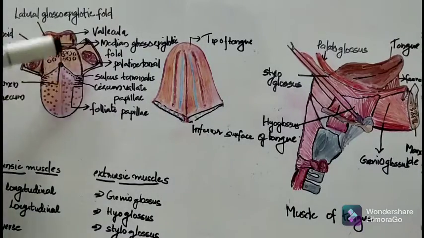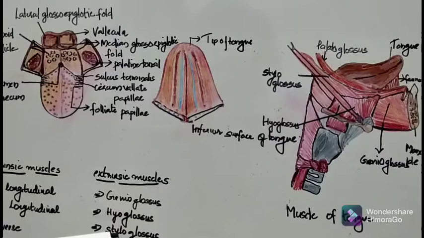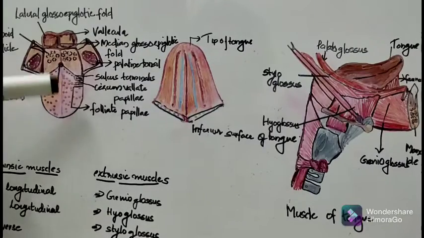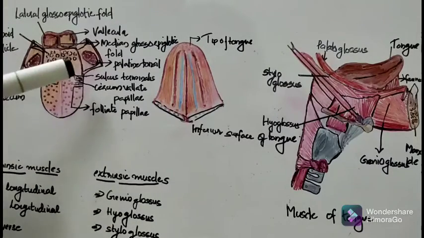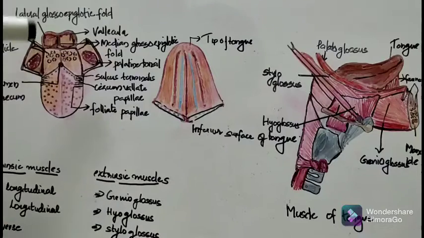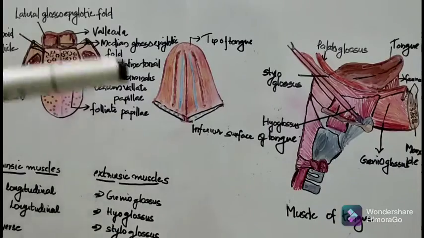They are smaller compared to the circumvallate papillae, and they have a pedicle along with a head. They are distinguished from other papillae because they have a bright red color. So that is all about the fungiform papillae.